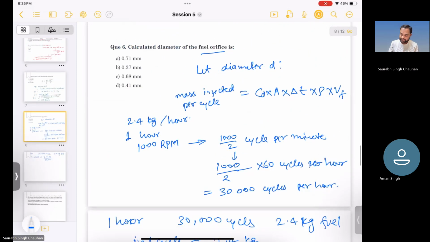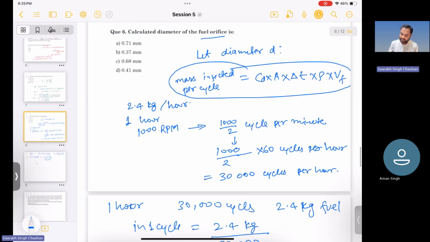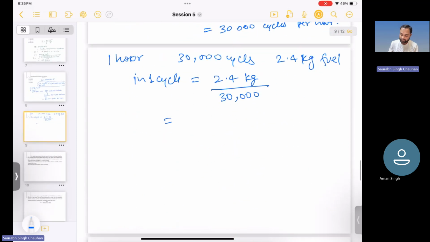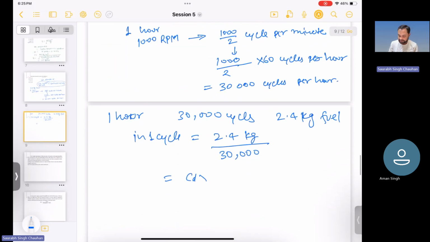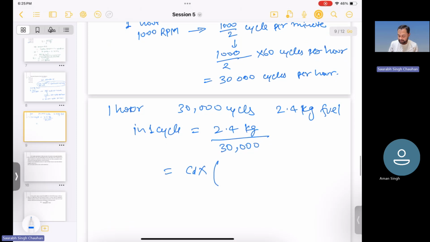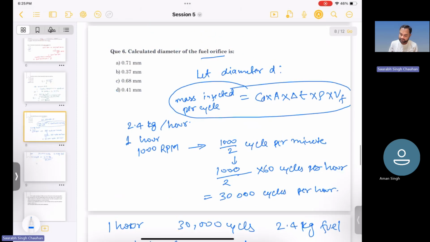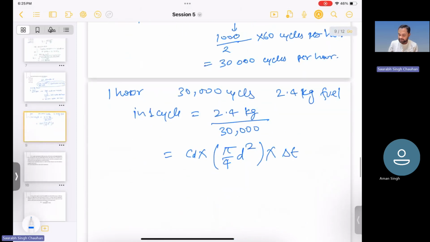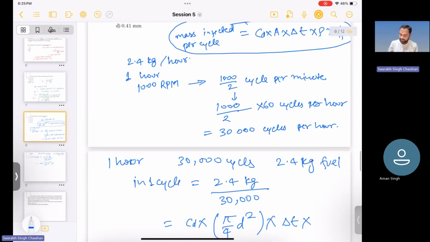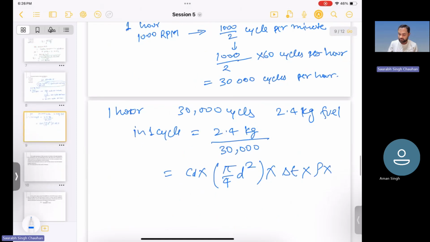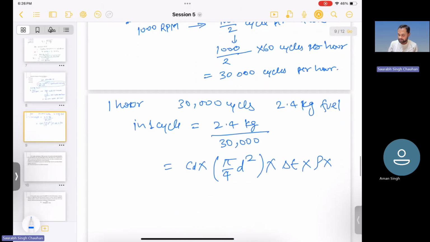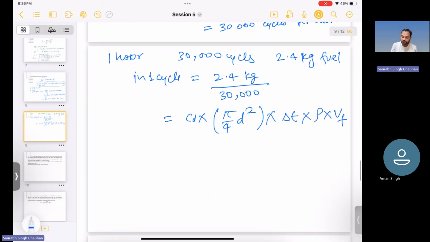And from this expression that we have just written, the mass injected per cycle should be equal to coefficient of discharge multiplied by the area. Area will be pi by 4 d square times fuel injection time into density into speed, right? So all these values we have, we just need to substitute. Correct.